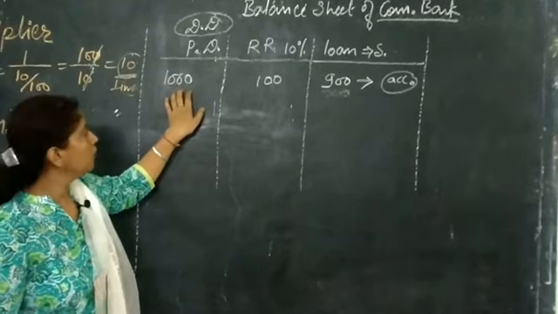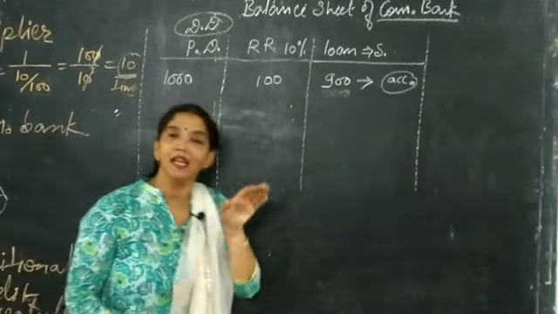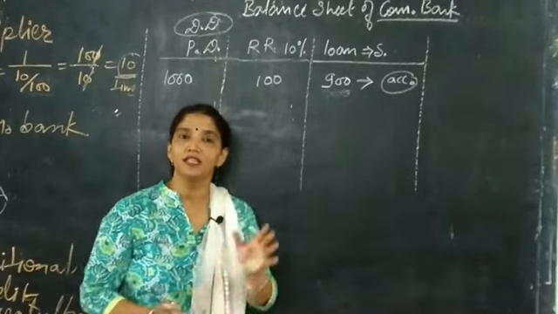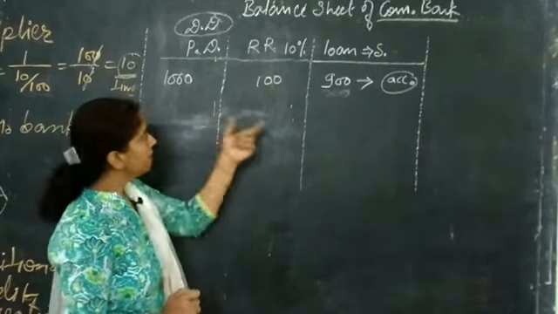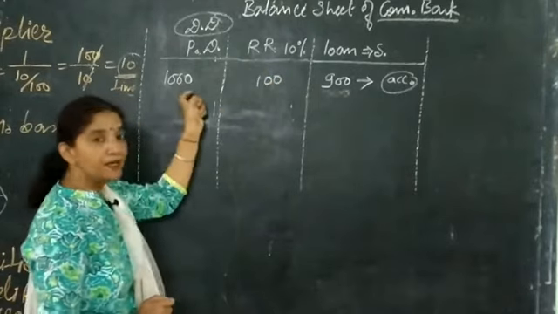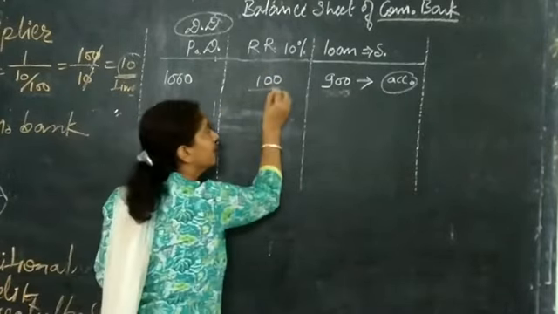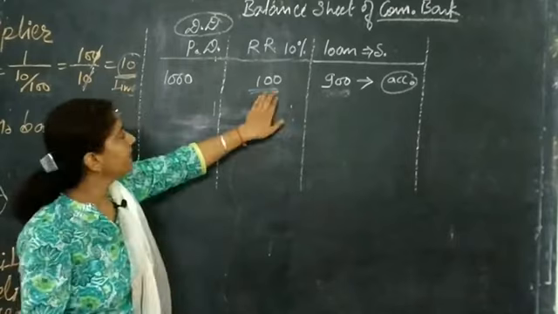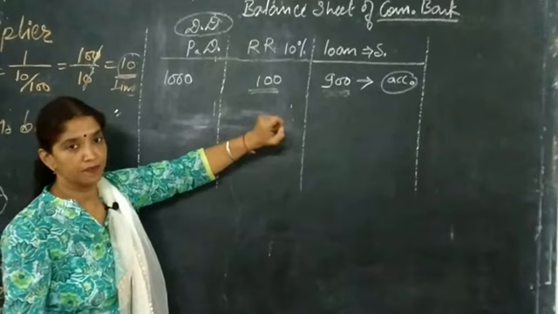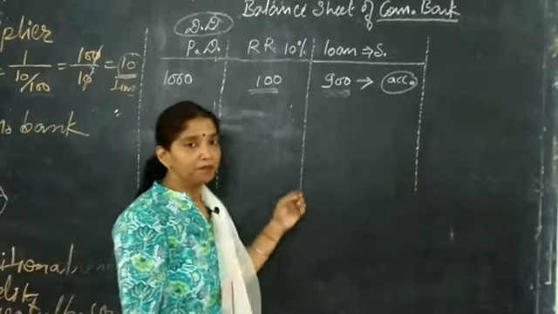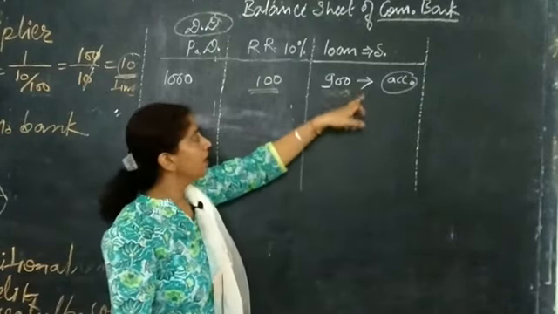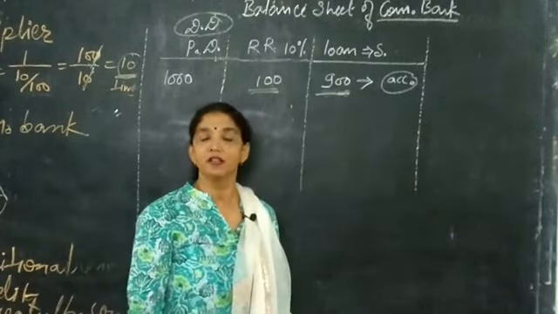Out of this 1000 rupees, the commercial bank has to keep a reserve requirement with itself to meet the needs of customers. Suppose the reserve requirement ratio is 10%. In that case, 10% of 1000 means 100 rupees. This 100 rupees the commercial bank has to keep as cash reserves, and the remaining money will be provided as loans.